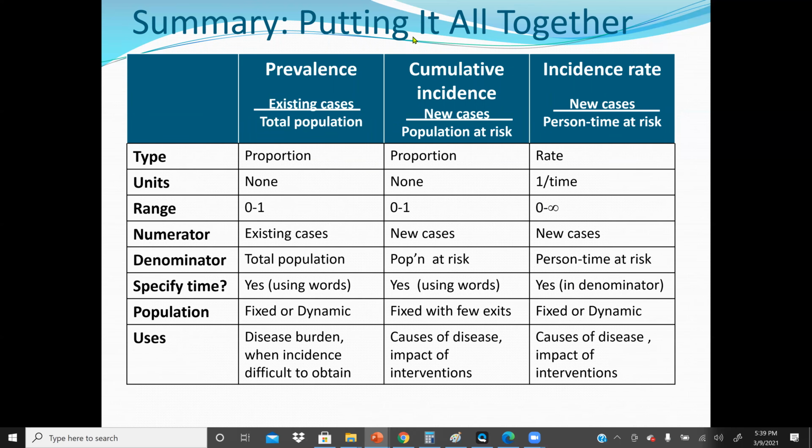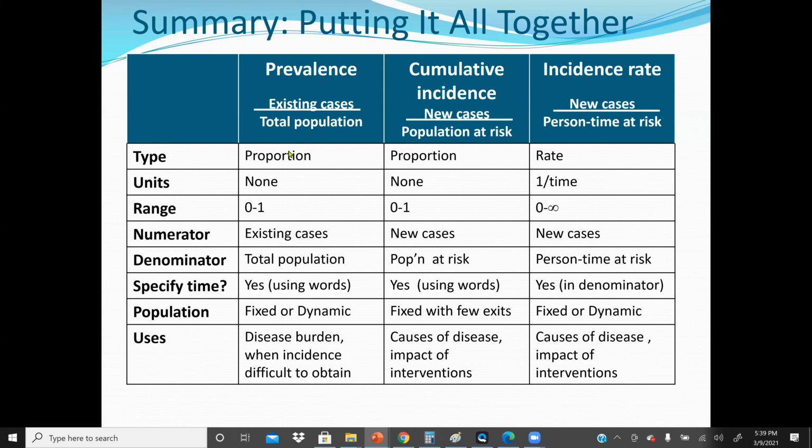So in summary, we put it all together: we have prevalence, cumulative incidence, and incidence rate. Incidence rate is new cases divided by person-time at risk. Cumulative incidence will be new cases divided by population at risk, and prevalence will be existing cases divided by total population.